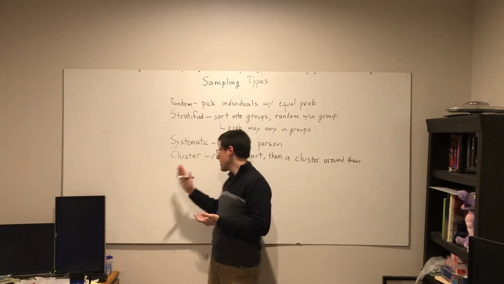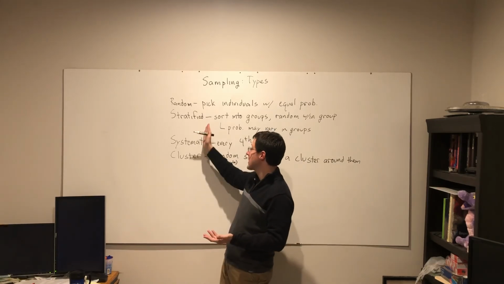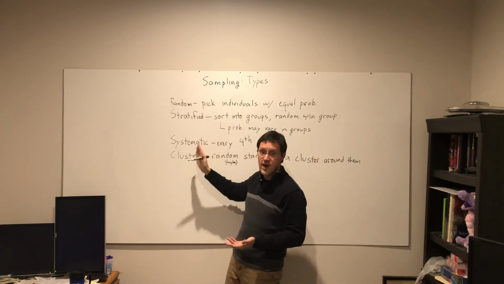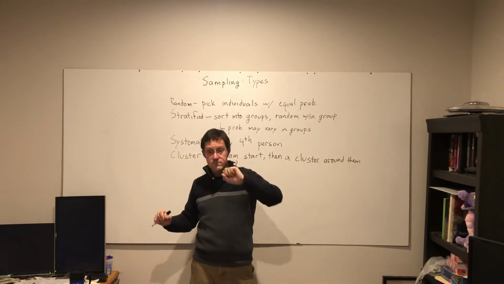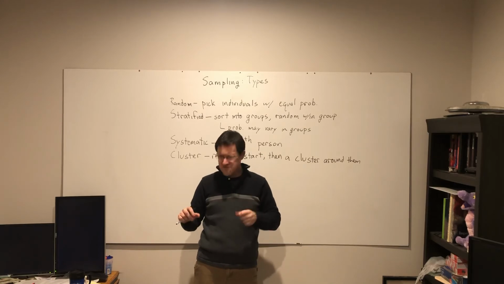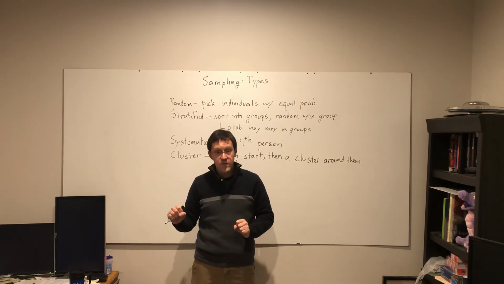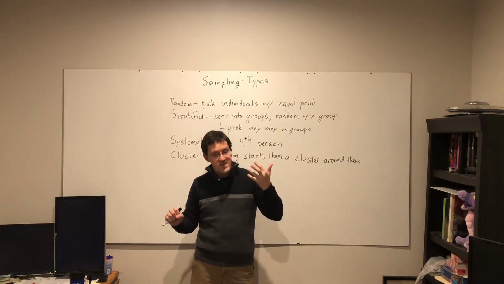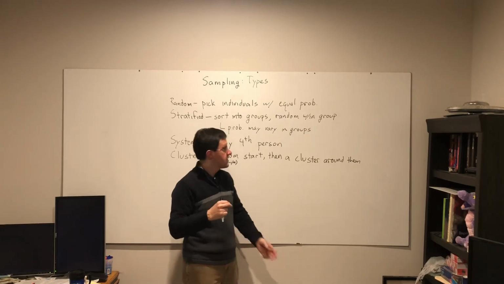So I put down here a random start. It doesn't have to be random. You could actually do a cluster sample starting off of the other kinds here. But you pick somebody. Within the matrix, it would be saying, okay, I pick John to start with. Then I build a cluster around that initial pick.